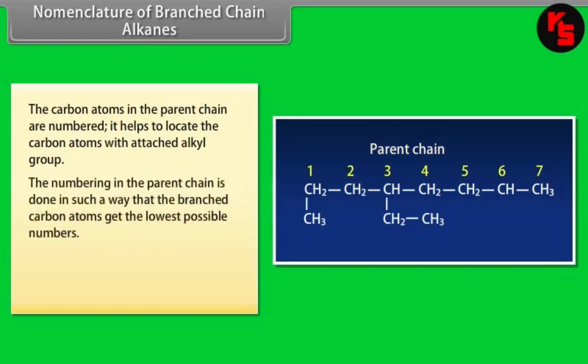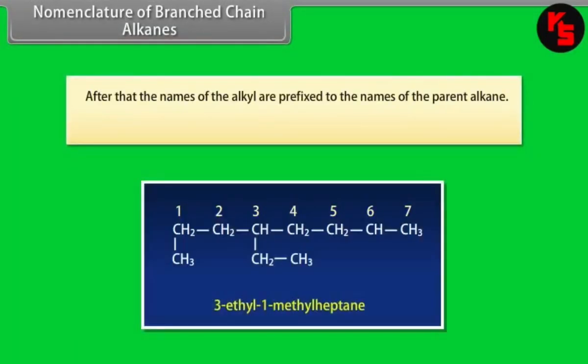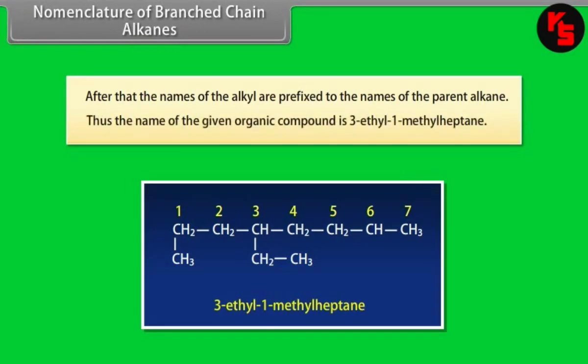The numbering in the parent chain is done in such a way that the branched carbon atoms get the lowest possible numbers. That means the numbering in the given carbon chain is from left to right. After that, the names of the alkyl groups are prefixed to the name of the parent alkane. Thus, the name of the given organic compound is 3-ethyl 1-methyl heptane.